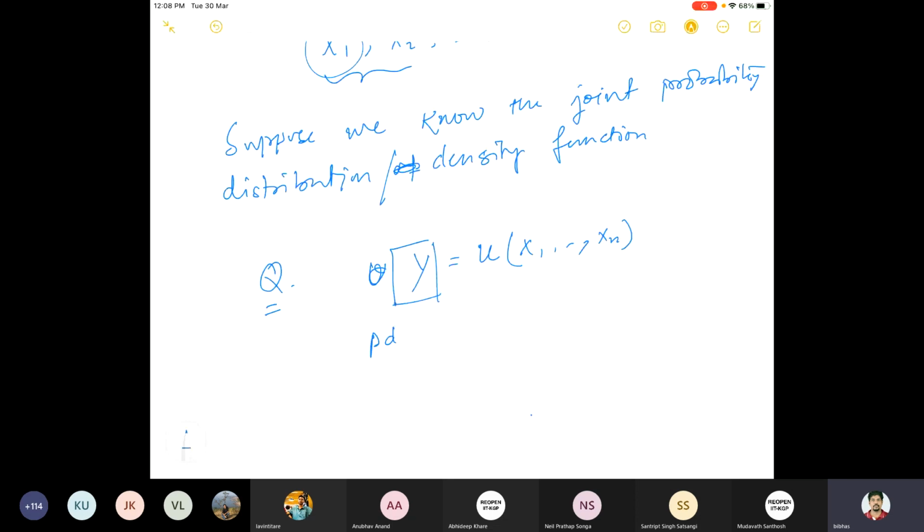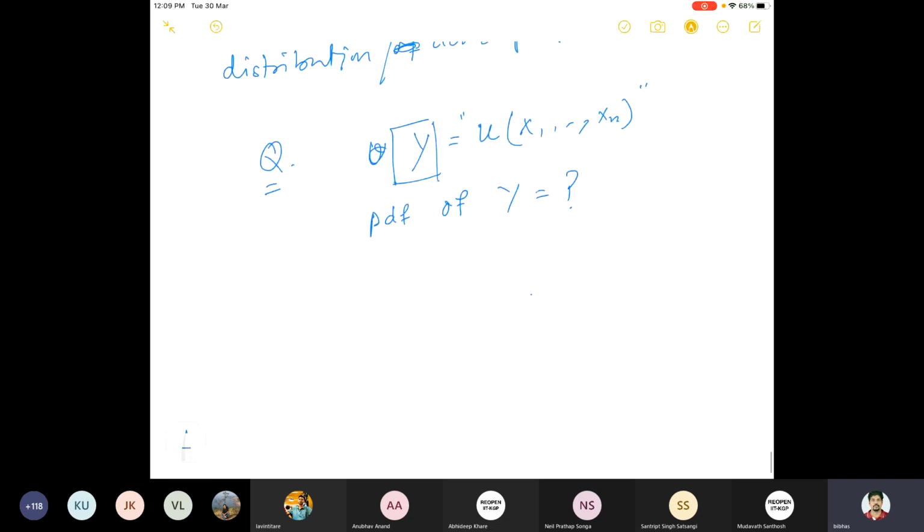And this could be any function, but actually we'll focus on a very particular set of functions. In general it can be anything, but if it is anything, there is no general technique to find the PDF of this function y. So what we'll discuss is two methods to calculate the PDF of y. There are many methods, but we'll basically discuss these two.